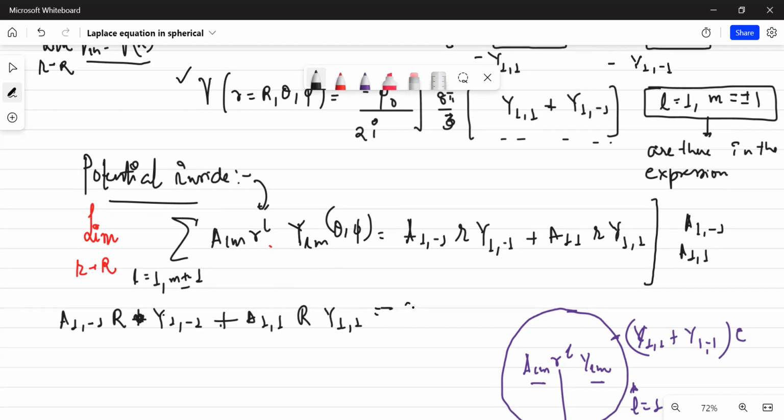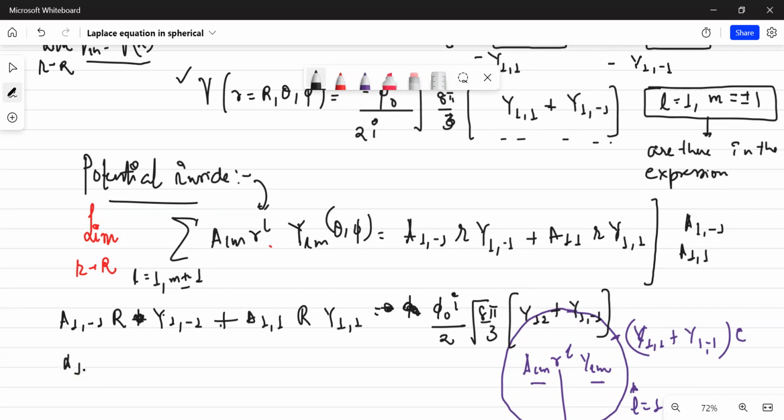It will be equal to minus of... let's remove this minus, so multiply top and bottom by iota, and then it is phi naught upon 2 iota, and this is root over 8 pi upon 3, and this is Y11 plus Y1 minus 1. Just try to find what A1 minus 1 will be.